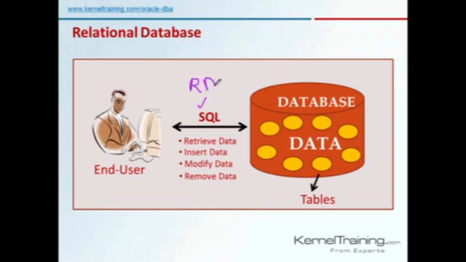Just a few columns. Suppose my employee name is Raj, his ID is 101, he gets a salary of 10,000 per month, and his job is manager.